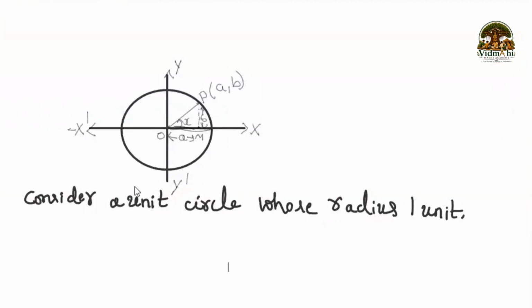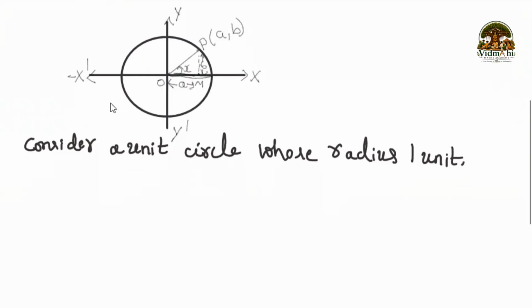Now consider this triangle OPM. In triangle OPM, what is sin x? Sin x is nothing but opposite by hypotenuse.